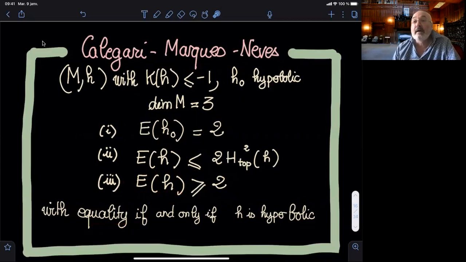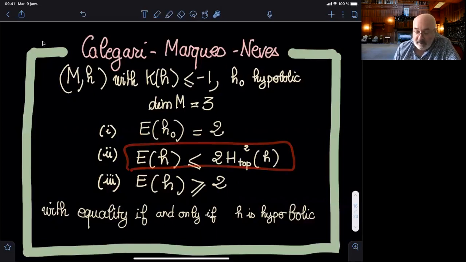Okay, so these are a series of results that mirrors exactly what happens for geodesics. So remember that for geodesics we have the computation of the topological entropy, which is given by Bowen and Margulis. And then we have this result.